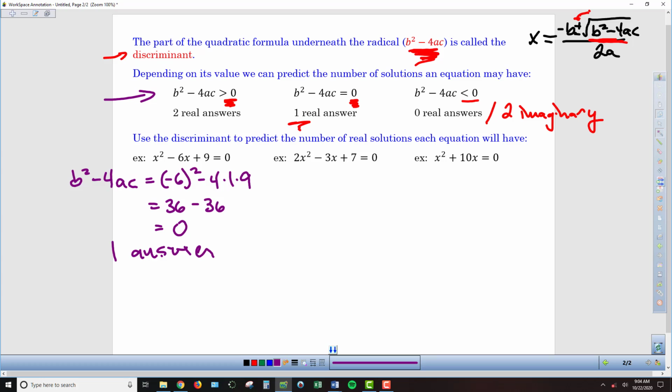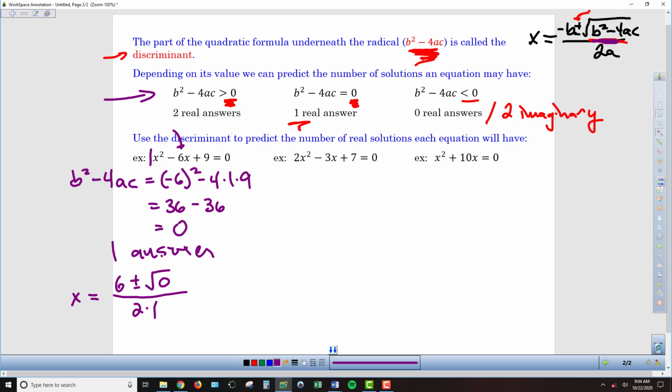If I want, I can continue to go ahead and solve through the rest of the problem by using the full quadratic formula. Now, I've already done part of the work since I've done the b squared minus 4ac part, so I just need to fill in the rest. So negative b, where b is the number in front of the x, so I've got negative negative 6, which is 6, plus or minus the square root of 0, divided by 2a, so 2 times 1, which is just 2.